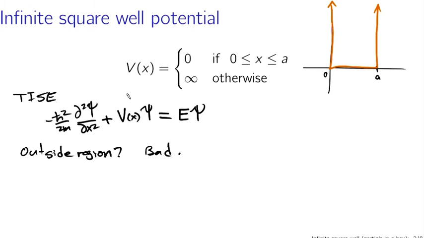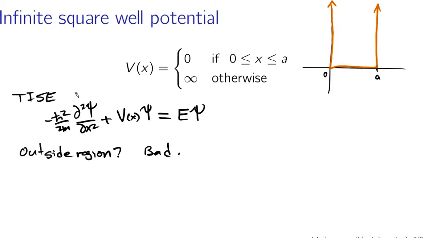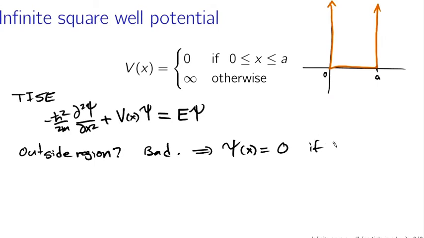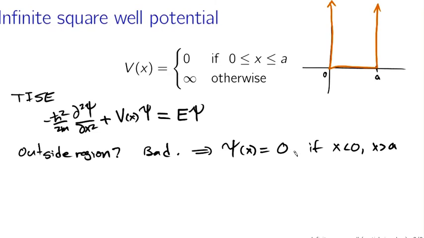You end up with an infinity here for V of x if x is not between 0 and A. The only way this equation can still make sense under those circumstances is if psi of x is equal to 0, if x is less than 0 or x is greater than A. So outside this region, we already know what our wave function is going to be. It's going to be 0, and that's just a requirement on the basis of infinite potential energy. Can't really exist in the real world.